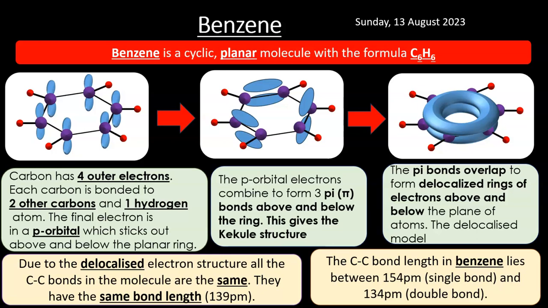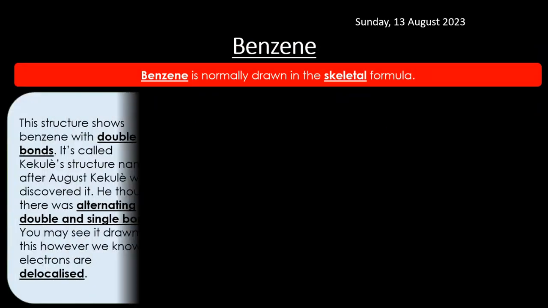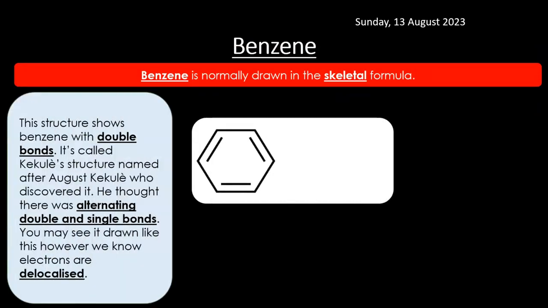They're in between. And so the evidence from bond lengths suggested that there couldn't be two different types of bonds because that would give us two different bond lengths. They're all the same and in between the length of single and double. Well, further evidence, of course, came from other experimental developments.